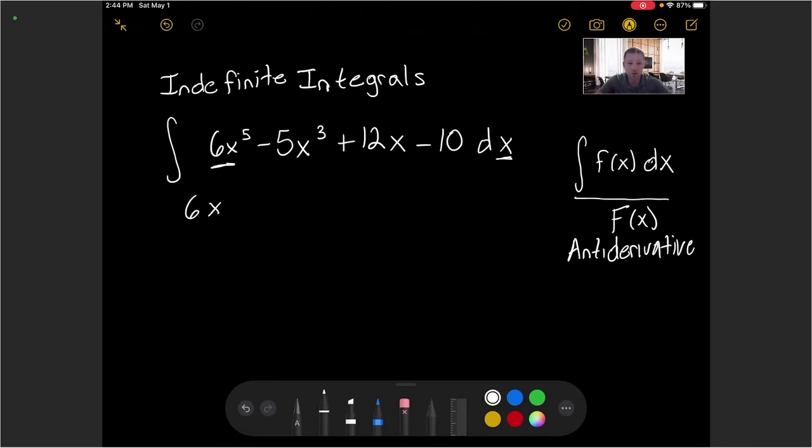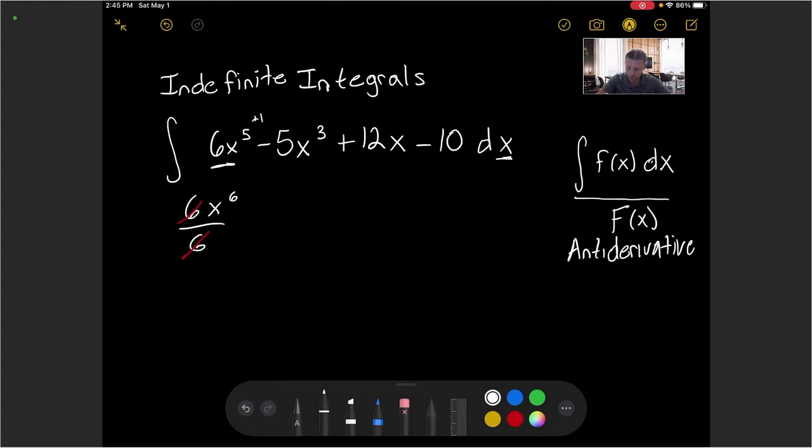To take an antiderivative, I need to raise the power of the exponent by 1. So 5 plus 1 is 6, divided by my new power, which is 6. So that is my first term. Clearly, we can divide those 6's, and that first term just becomes x to the 6th.